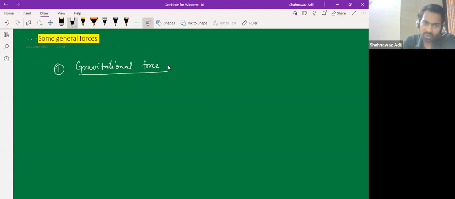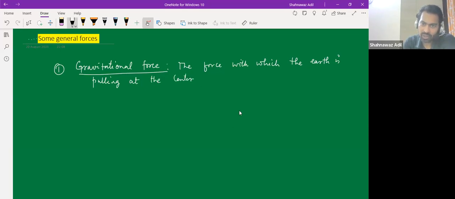The force with which earth is pulling at the center, right? So we have this surface, and in here we are experiencing this force toward the center.